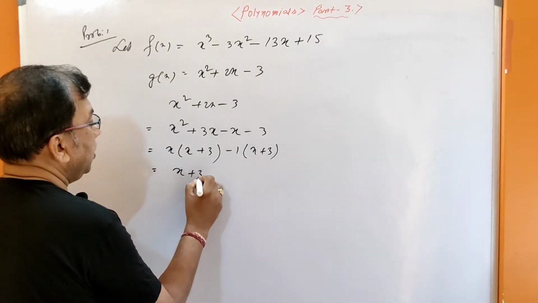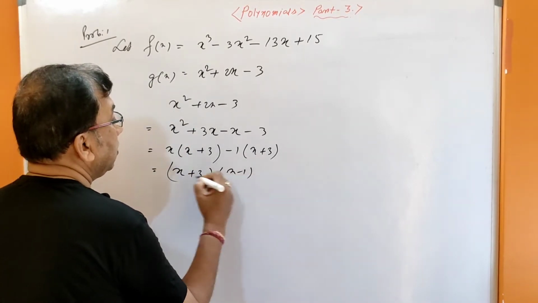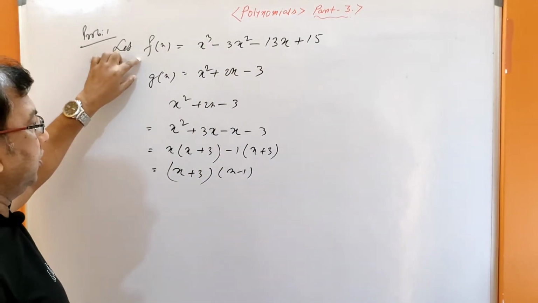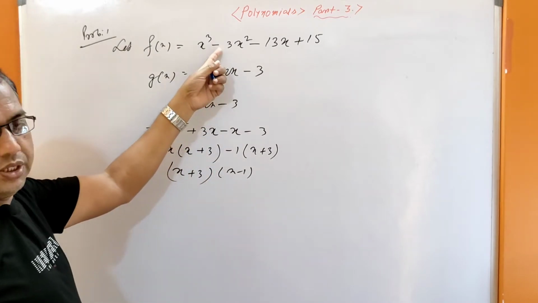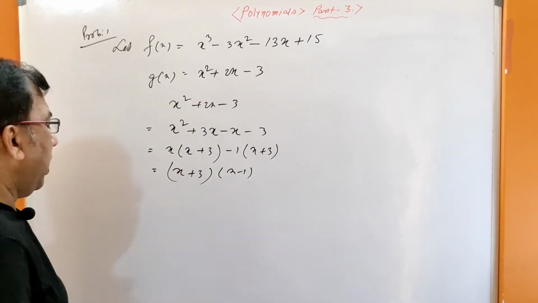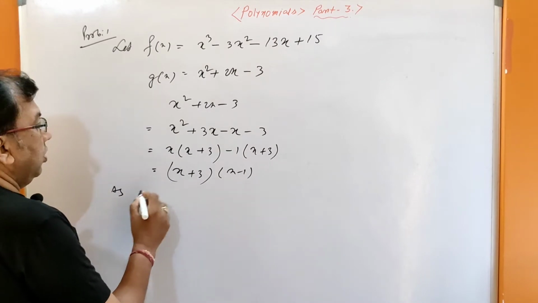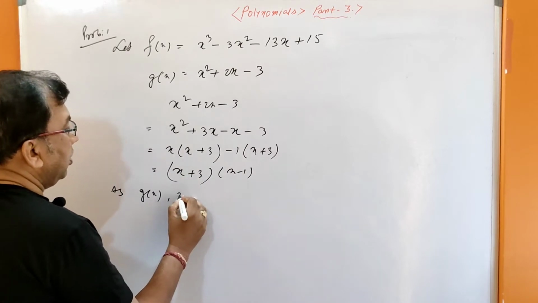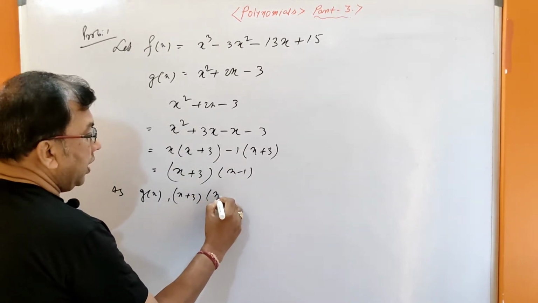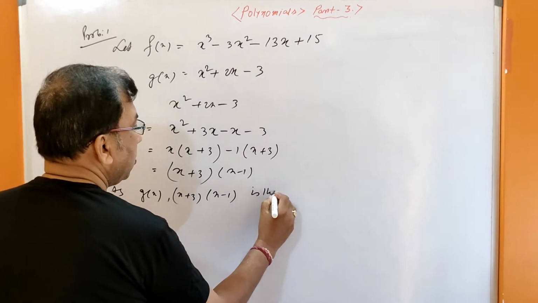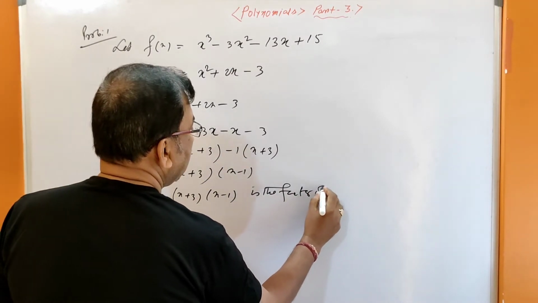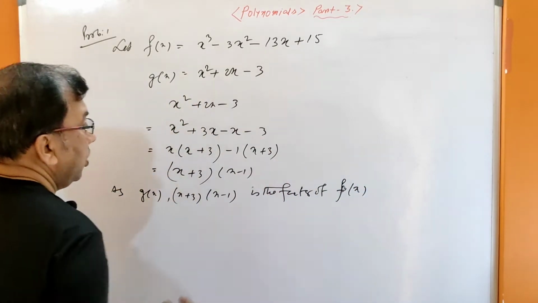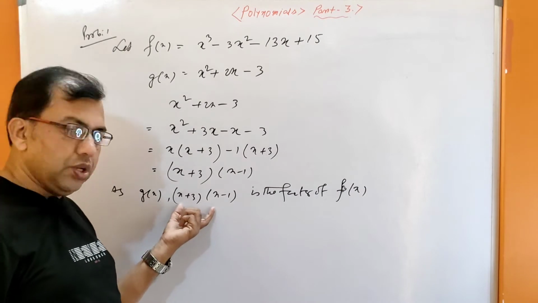That means x plus 3 and x minus 1 are factors of f(x), so each equals 0.